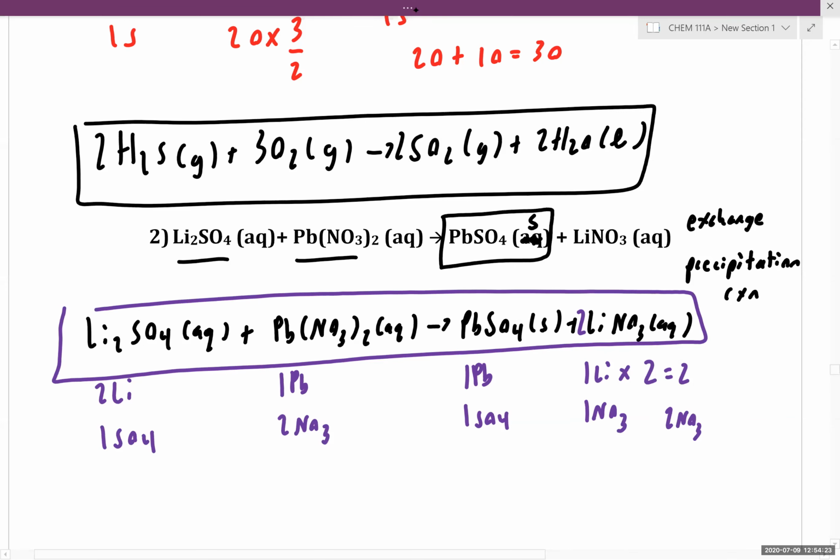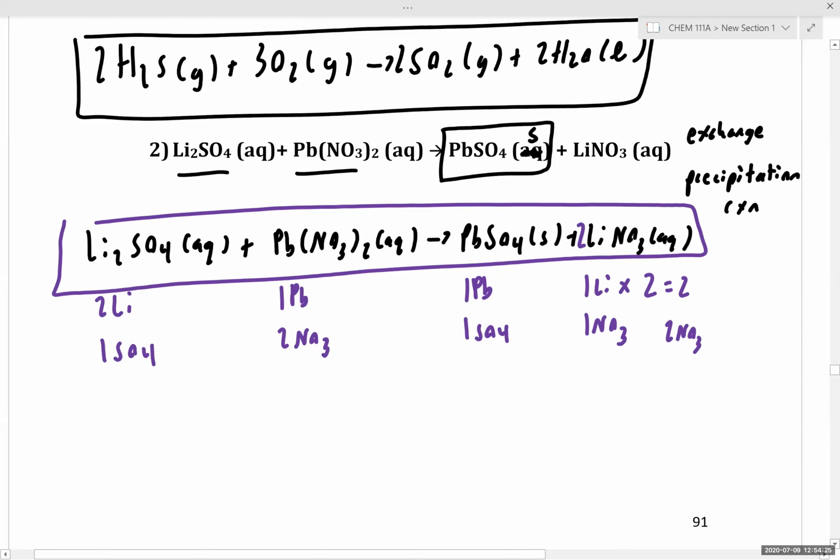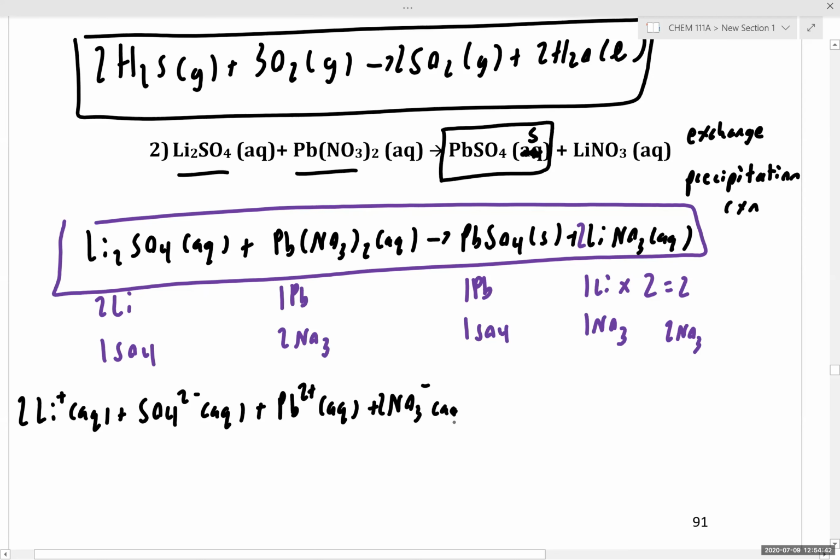Now we're going to write out our total ionic equation. So we dissociate all of our soluble ionic compounds, strong acids, and strong bases. We keep lead sulfate together because it's insoluble. And now we break apart lithium nitrate into 2 lithium and 2 nitrate.